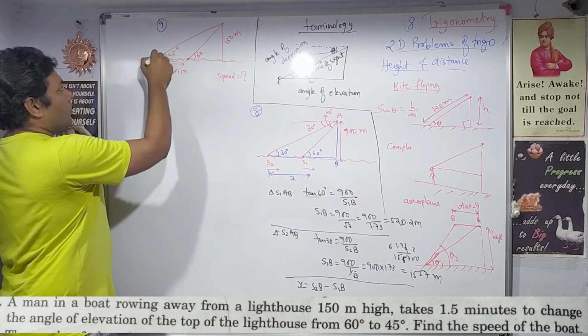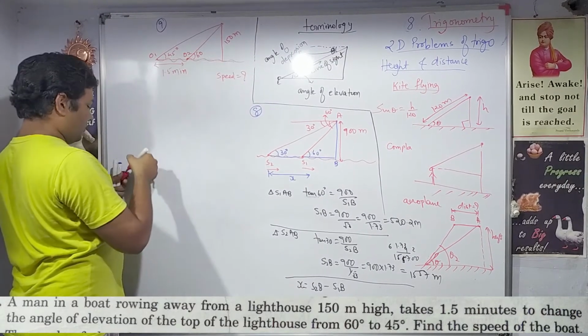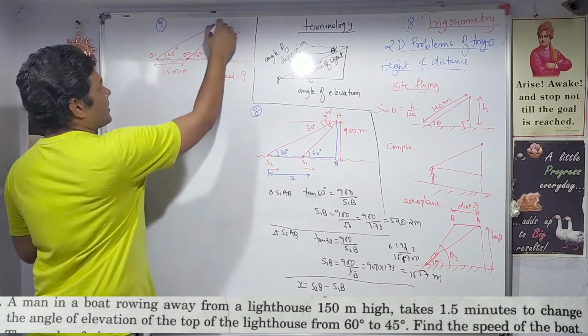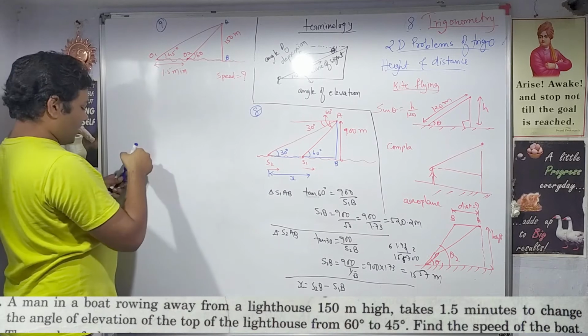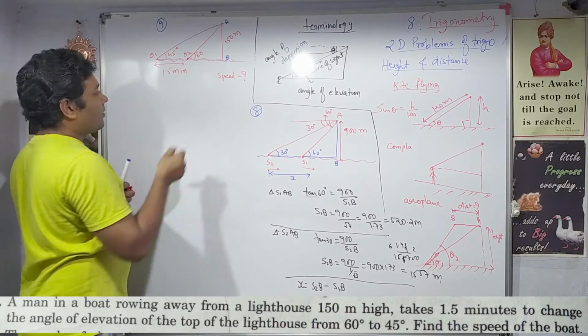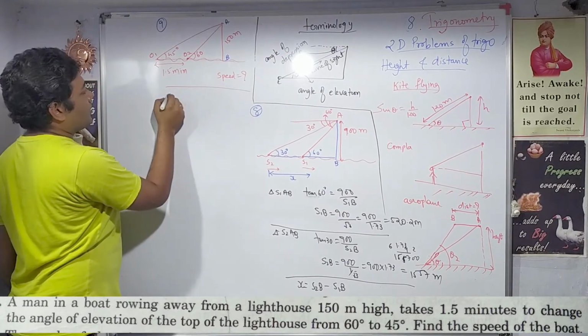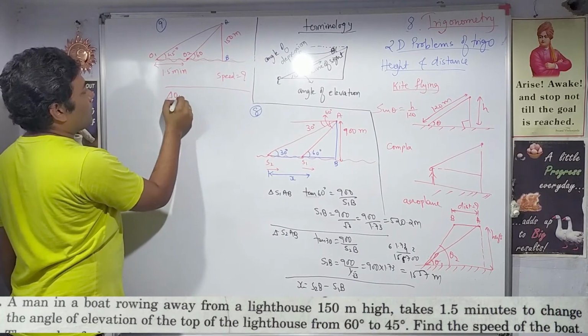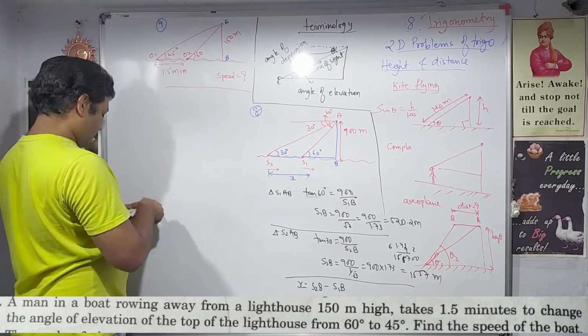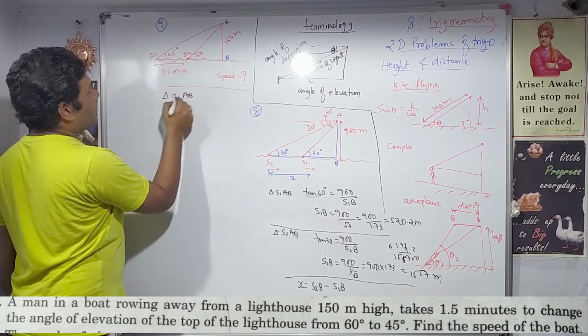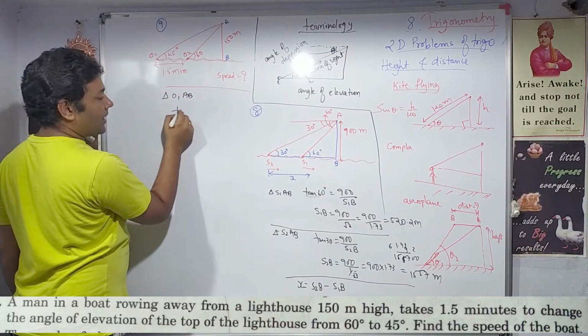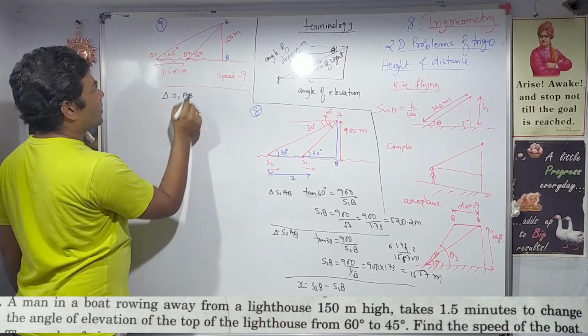Again, O1, O2, right? This is A and B, correct? So if we start with our triangles, triangle O1AB, right? Tan 45, as I said, tan 45 will do most of the work.